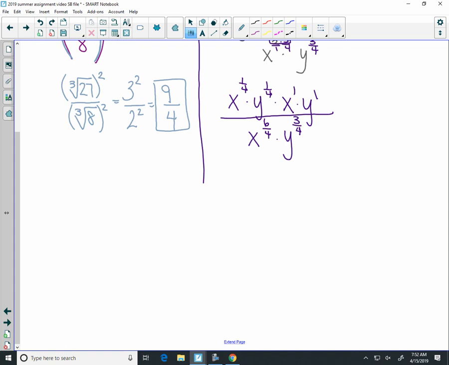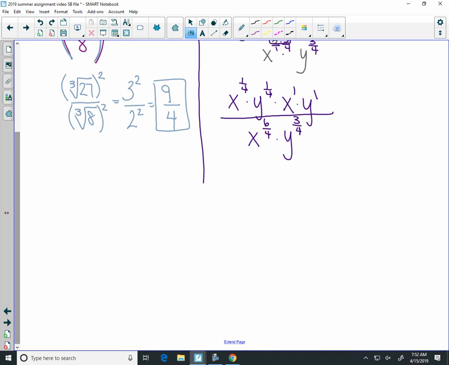Then I'm going to evaluate what I have going on here. The reason I left that, I could have reduced 6/4, of course, to 3/2. But since I saw I'm going to need to combine my like bases in the numerator and across that fraction line, I'm going to have to do some subtraction of those exponents, and so I'm going to need a common denominator.